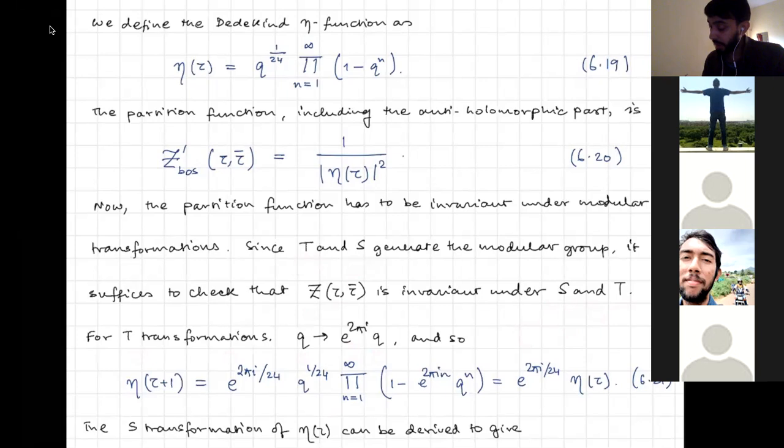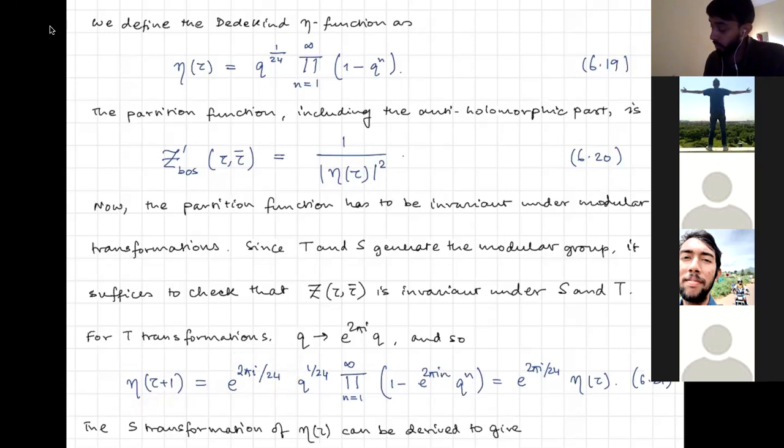Now this is something that you can easily do. You can see that if you do this on the eta function, if you take eta tau to eta tau plus 1, then there is this extra phase that you're going to get.